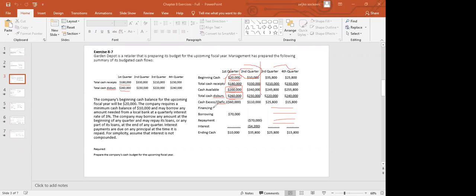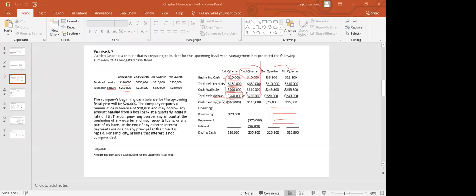Okay, and it doesn't say anything about any depreciation here or anything that we would deduct from these 260. It says cash disbursement, right? So it's not expenses. If expenses are 260, but 30 of those is depreciation, well, then in that case, cash will be 230. 260 minus 30, 230, right?